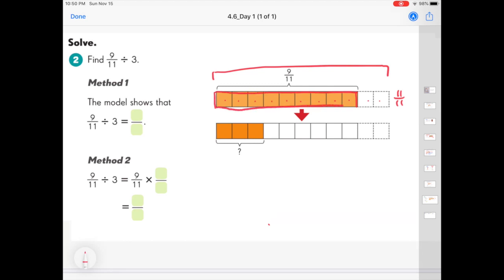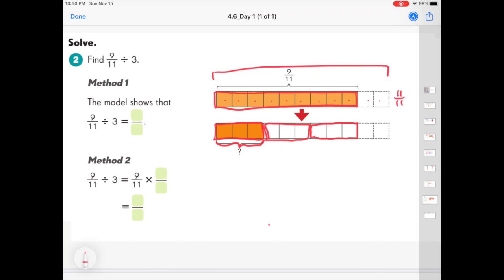So we're going to take that 9/11ths and divide it into 3 groups. So there's 1, 2, 3. And we want to see how much one of those parts would be.